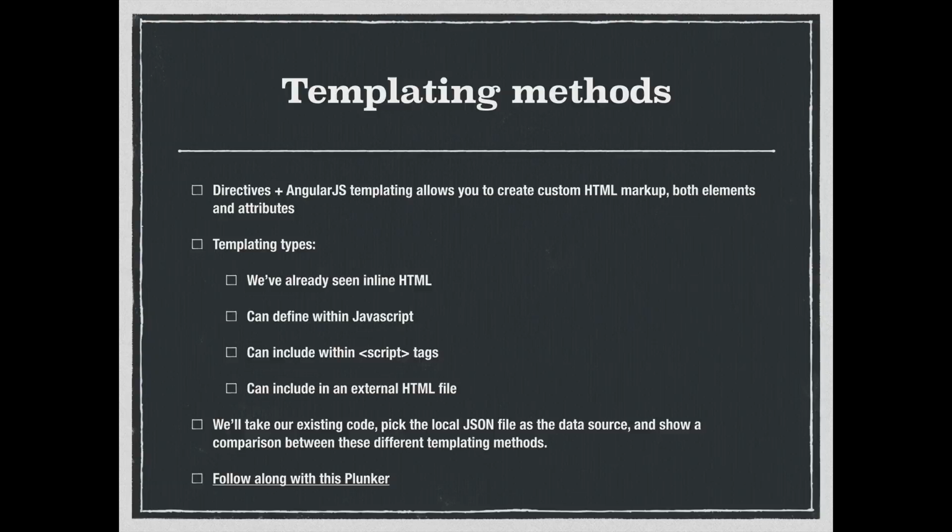So templating methods. What we've shown so far is inline HTML as our templating method. Directives plus AngularJS allow you to create custom HTML markup, both elements and attributes. We've seen inline HTML. We can also define templates within JavaScript, just straight up writing out HTML in JavaScript.